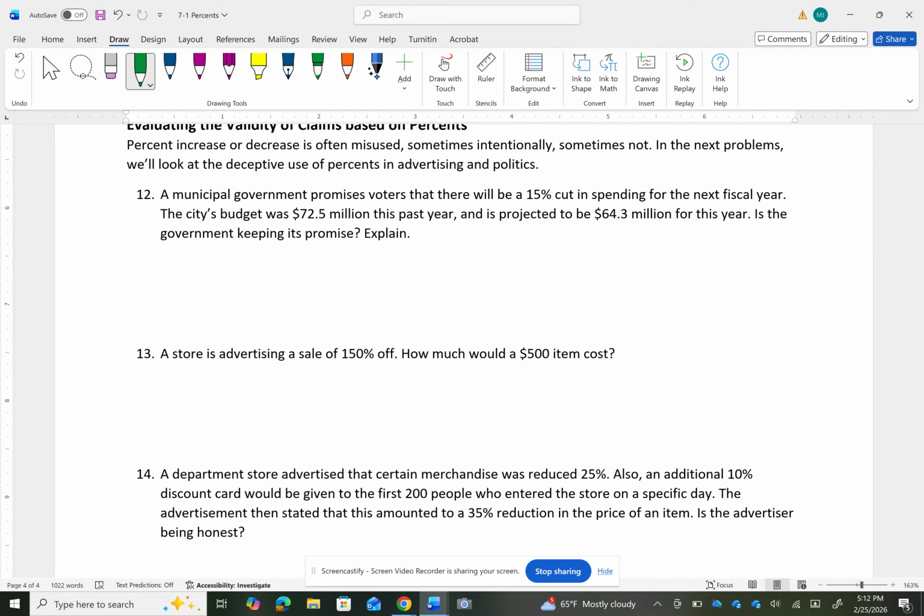And so we're trying to find out if that's really a 15% cut in spending. So what I could do is take 15% of the 72.5 million, and I'm not going to write all the zeros. I'll just remember when I do it that it's in millions.